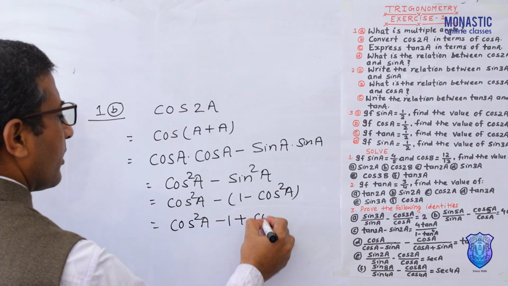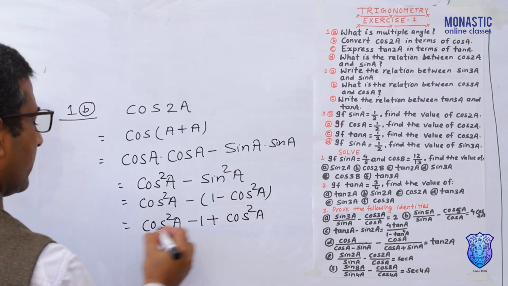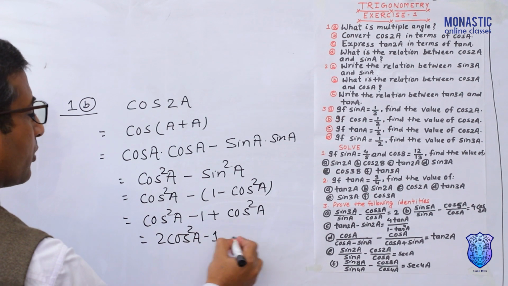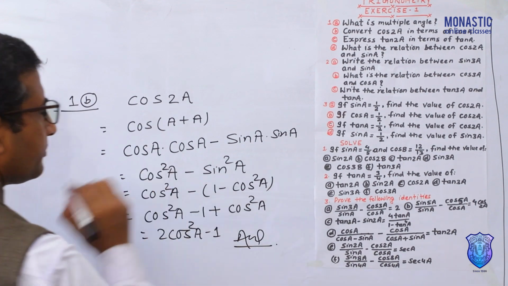Minus 1 plus cos square A, equal to 2 cos square A minus 1. That's the answer.